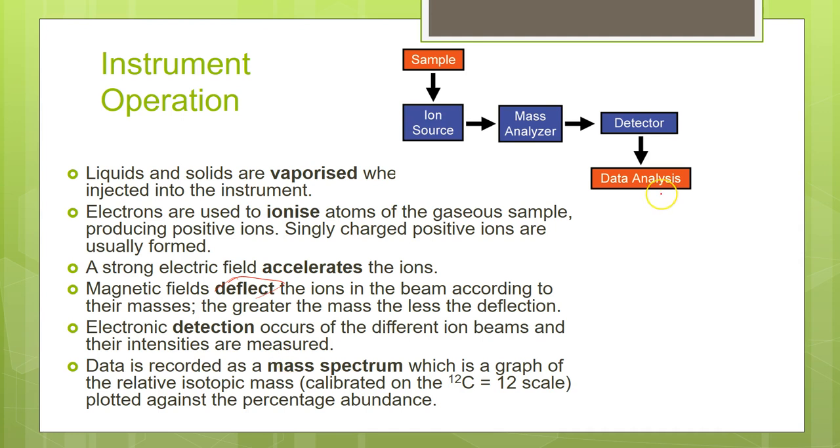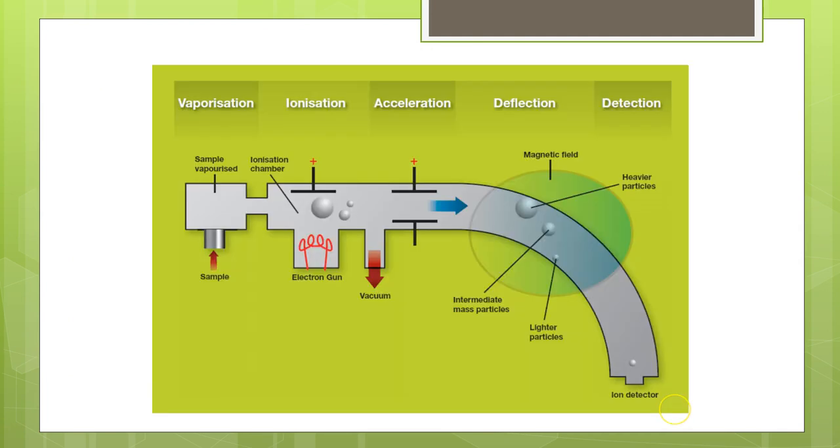And then they are detected by a computer or a detection system attached to a computer, and we generate the spectrum from that. So this is just a schematic of the diagram. So we have vaporization, ionization, acceleration through charged plates, deflection through the magnetic field, and then the ion detector at the end is how we actually count the ions or see the ions that we're talking about.